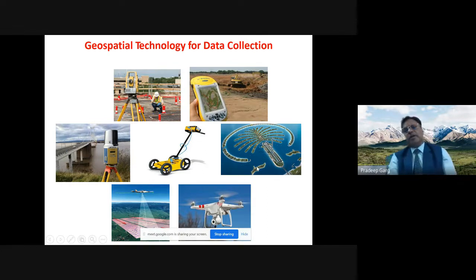of the Dubai area, because this is one of the most novel examples of civil engineering construction in the sea area. So this construction has taken place in the sea area, and there are very posh buildings, a very costly residential area, and some commercial area is also there.